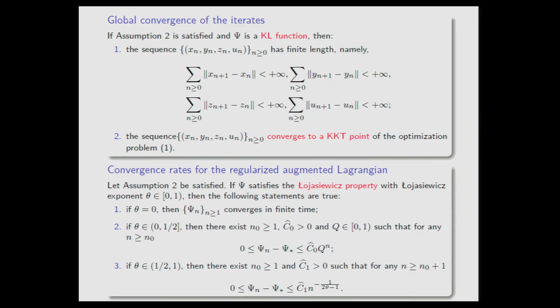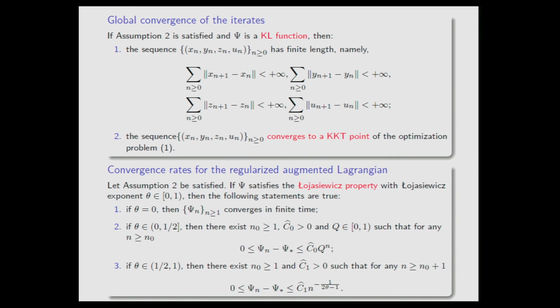Of course, there are techniques behind this result: you need estimates, you need this technical definition of the KL function, but what we finally get is such a property. And then by assuming that psi is a Łojasiewicz function with Łojasiewicz exponent theta, we can prove convergence of the sequence of regularized augmented Lagrangians.